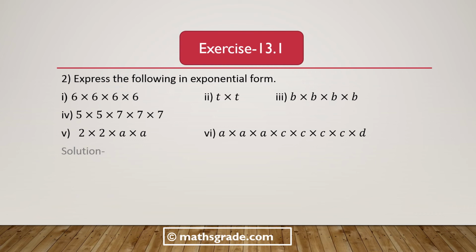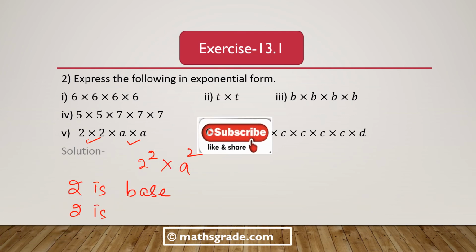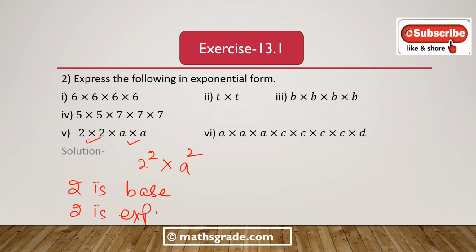Now we solve fifth bit. Express the following in exponential form: 2 multiplied by 2 multiplied by a multiplied by a. Here 2 is multiplied 2 times, so it will be 2 to the power 2, multiplied with a multiplied by a. A is multiplied 2 times, so it will be a to the power 2. In 2 to the power 2, 2 is the base and 2 is the exponent or power.